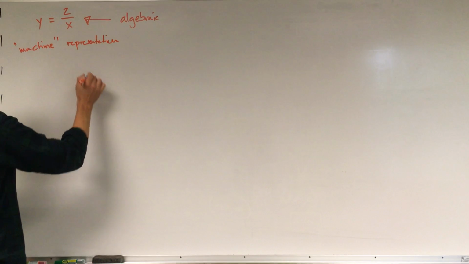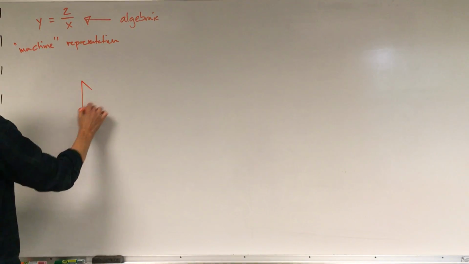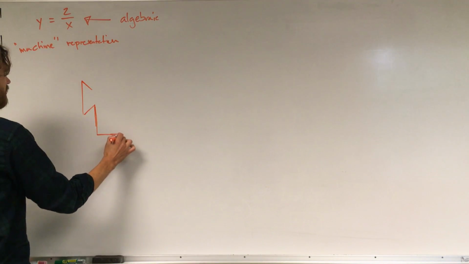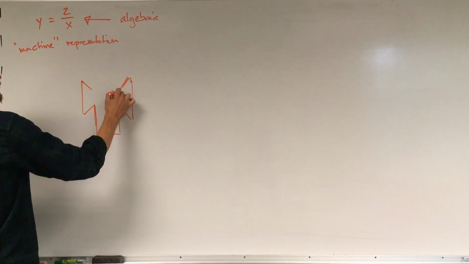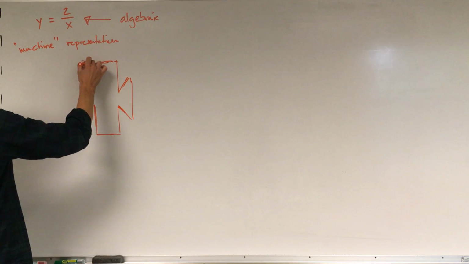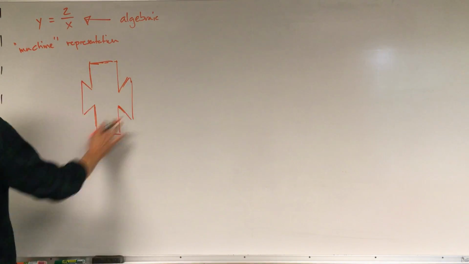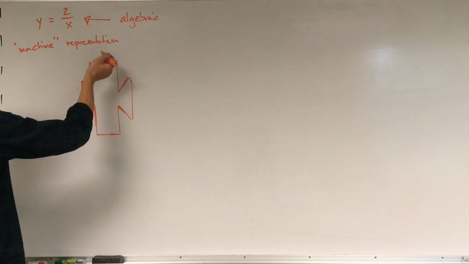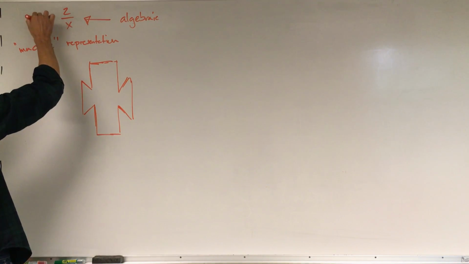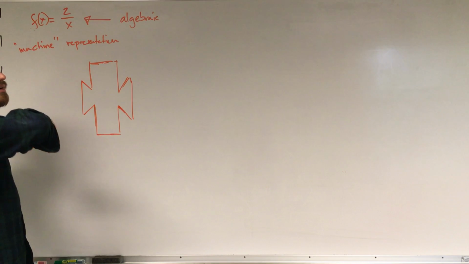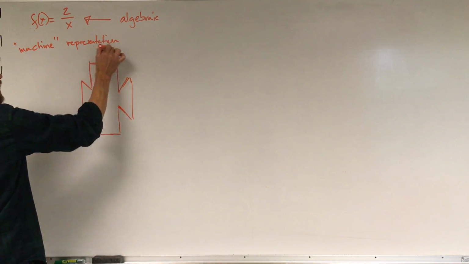Here's how it works. Let's build our little function machine here. It looks like this. Very cool. So this is our function machine, which we are going to call, let's rename this thing f of x. So let's call it f of x instead of y. And so this is now my f machine.